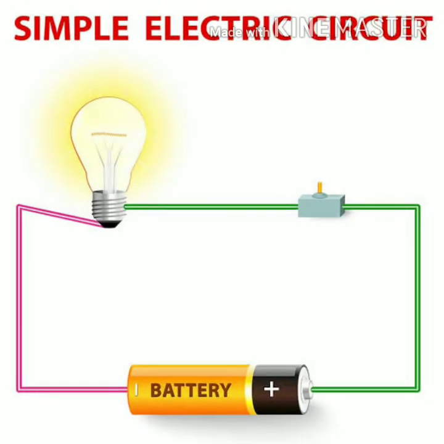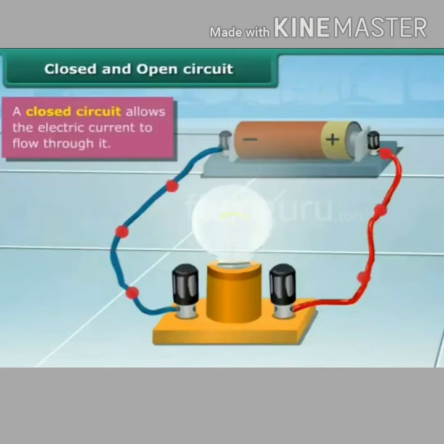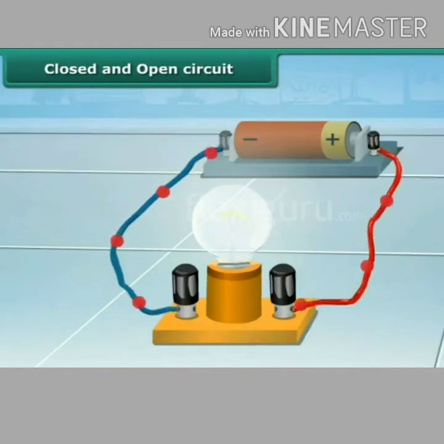Now the next is electric circuit. A closed path through which electric current can flow is called an electric circuit or simply circuit. It is of two kinds. When the circuit is complete, electric current flows through the circuit. This type of circuit is called a closed circuit.